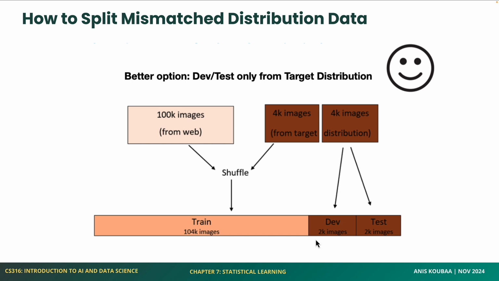So this is the better option, to put half of the pictures in the dev and the test. So the dev and the test will be 100% pictures from the target distribution, and then we take the other 50% and put it here in the training. That's also an option.